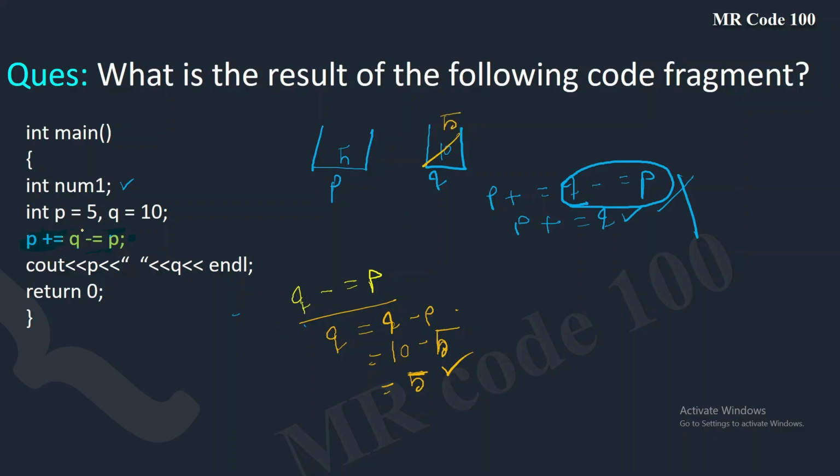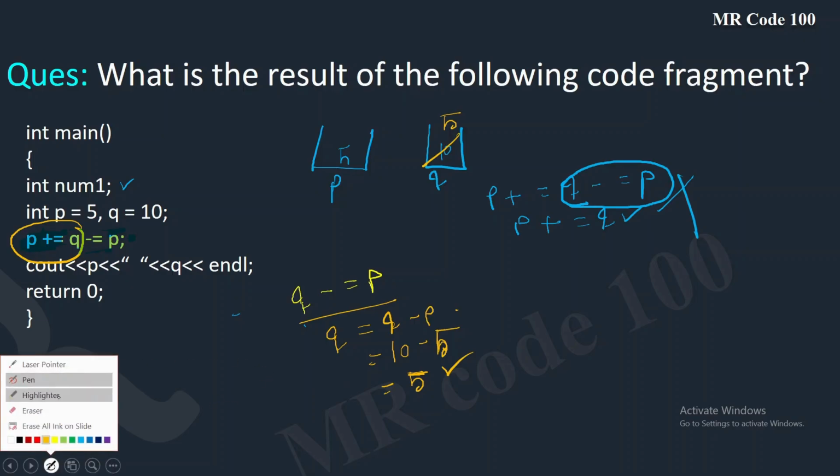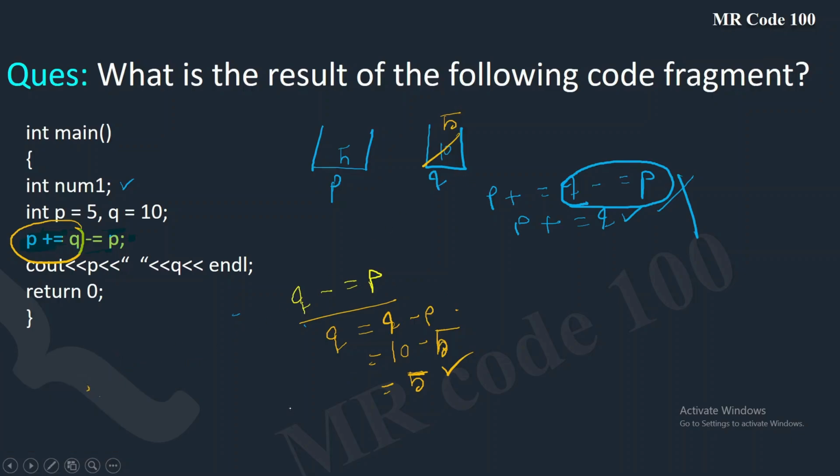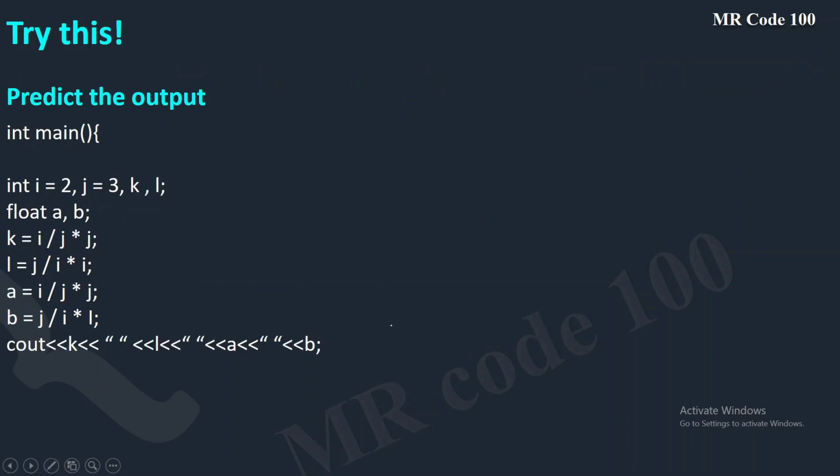Now come to this next portion. It's not working. What's going on? Okay. So basically we have found out the value of q. Now it's time to find the value of what? Find the value of p. Okay, let's do this.